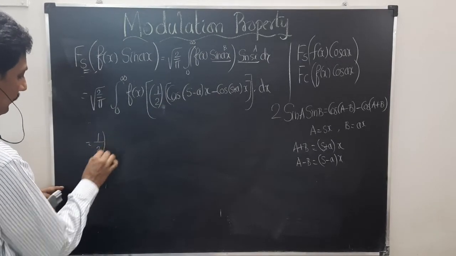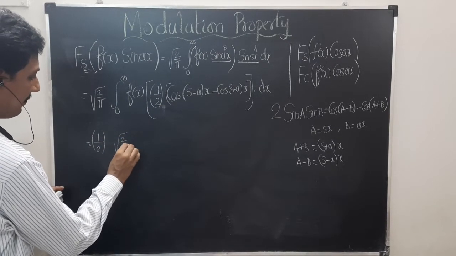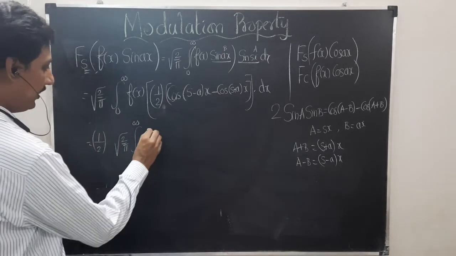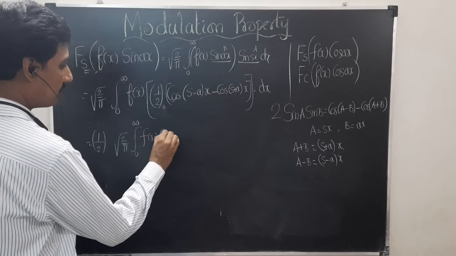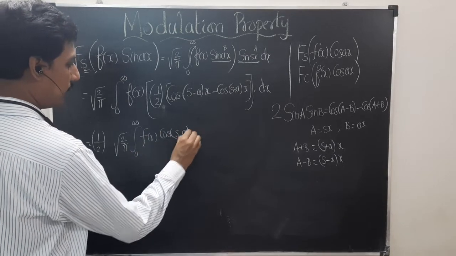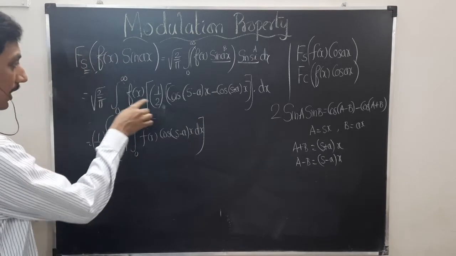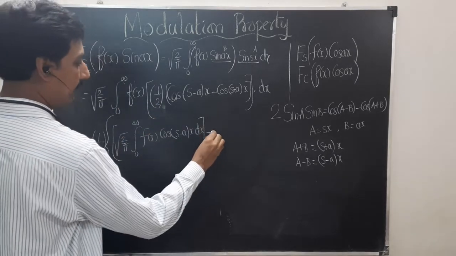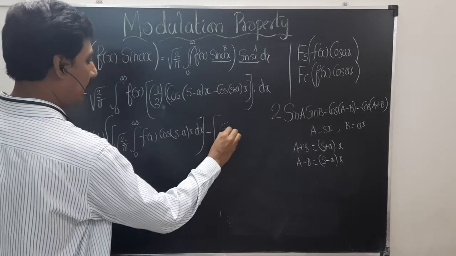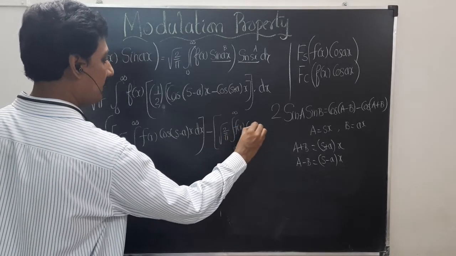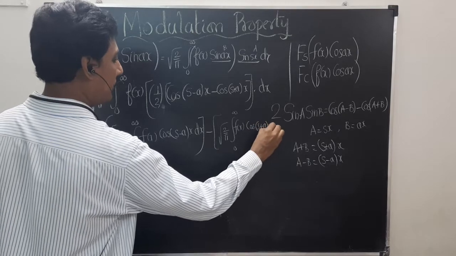By using the linear property, this can be split into two separate integrals: 1 by 2 into root 2 by pi integral 0 to infinity f of x cos of s minus a into x dx, and minus root 2 by pi integral 0 to infinity f of x into cos of s plus a into x dx.